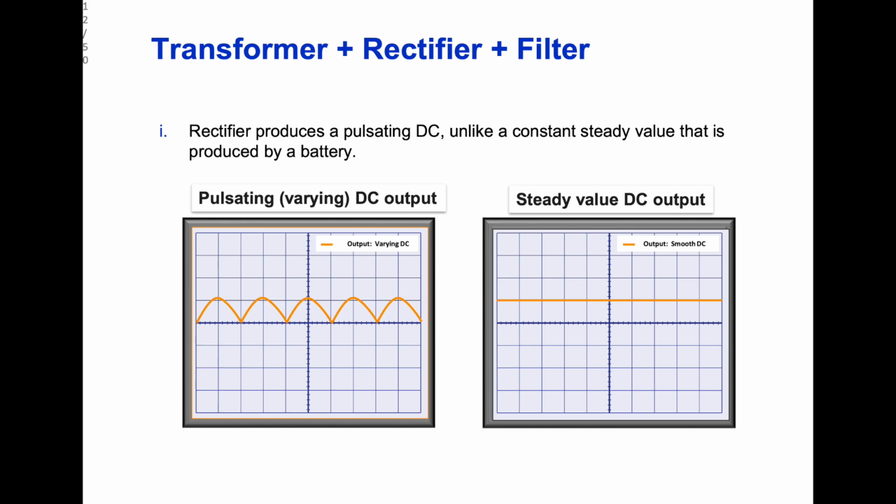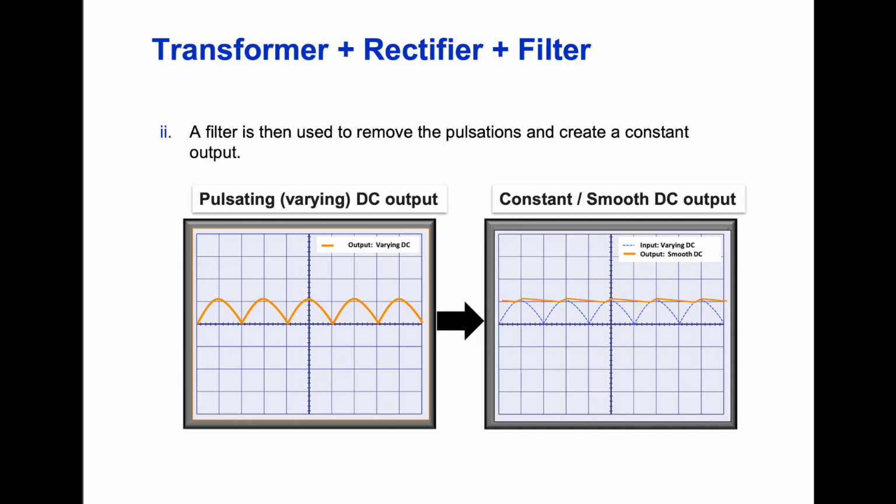You can see this orange line here, the output is a smooth DC, and a filter is used to remove the pulsation and create a constant output. Here is the pulsating or varying DC output, and here with the filter we will have the constant smooth DC output. Here you can see the straight line.